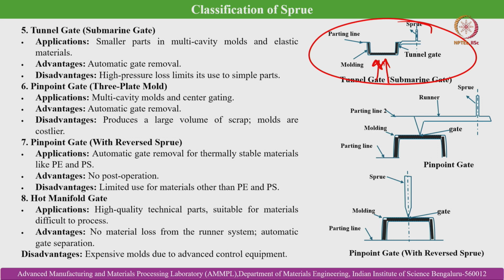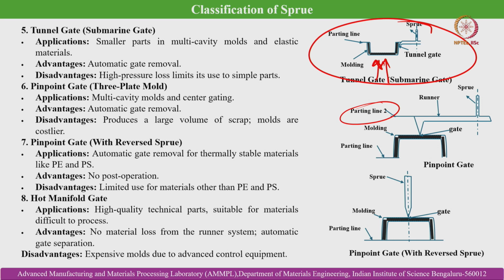That is what you can see from here. This is one parting line, this is another parting line, and the buffer plate in between both mold halves contains the runner and the in-gate geometry. So, this is how it is possible to be arranged.